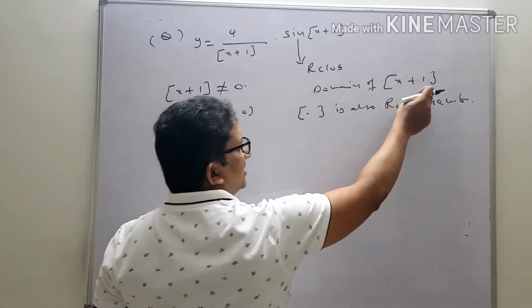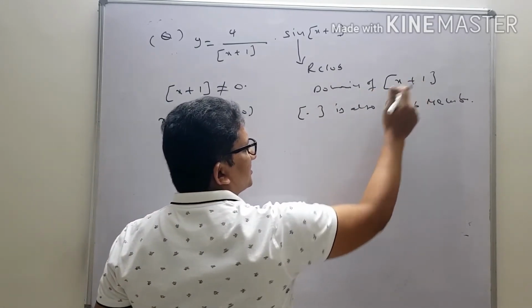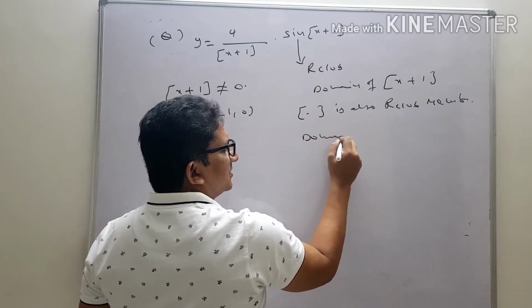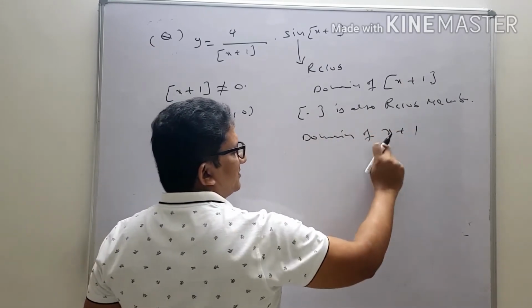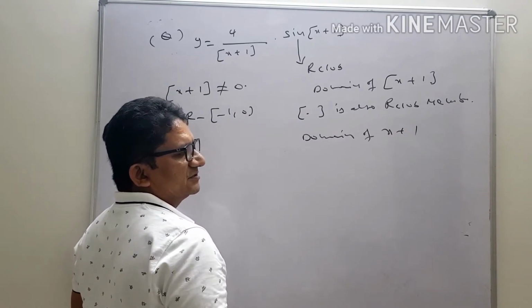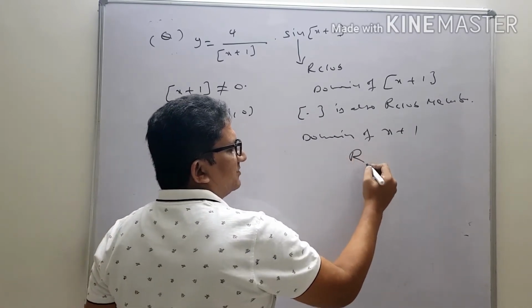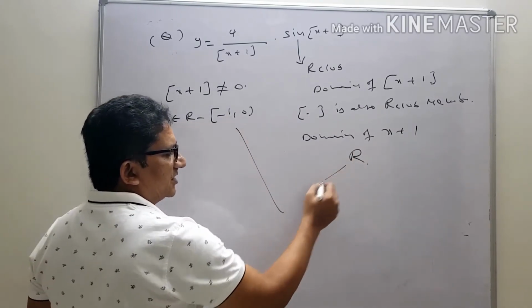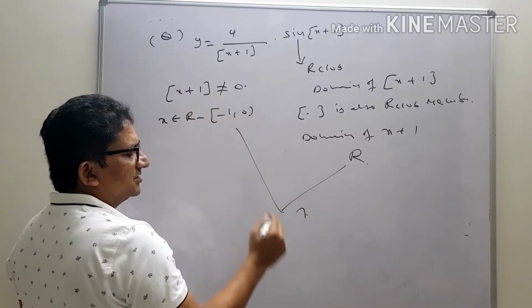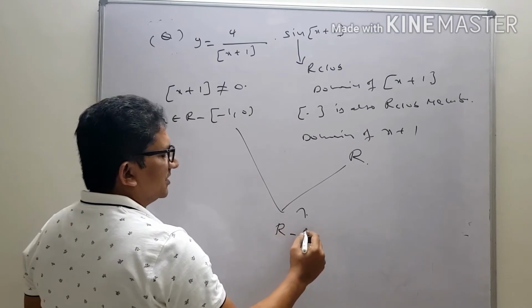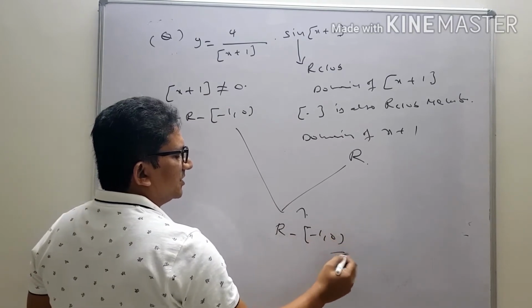Again, we need to think about x plus 1, which is a polynomial, a linear function, and its domain is always R. Now we need the intersection of these two. The intersection of R and anything is a subset, so the answer is R minus 1 comma 0.